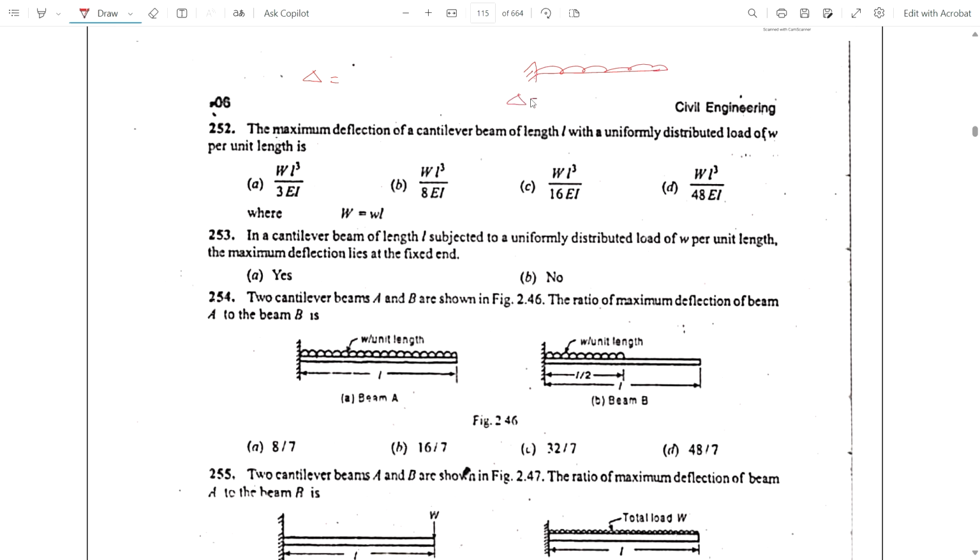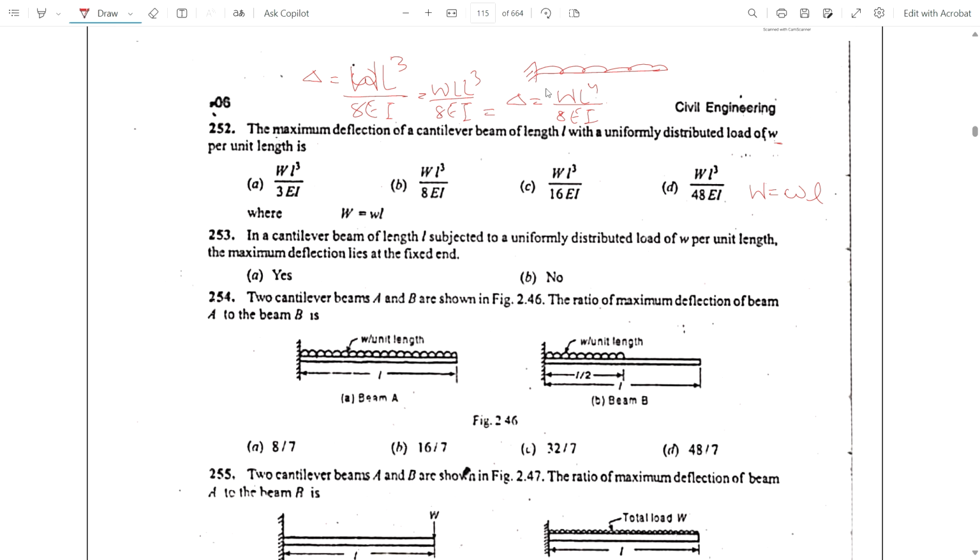As you all know, this is W L to the power 4 by 8 E I. Now W L cube is there, where capital W is small w into L, so the formula becomes capital W L cube by 8 E I. Now put small w L into L cube by 8 E I. Then how much do we get?